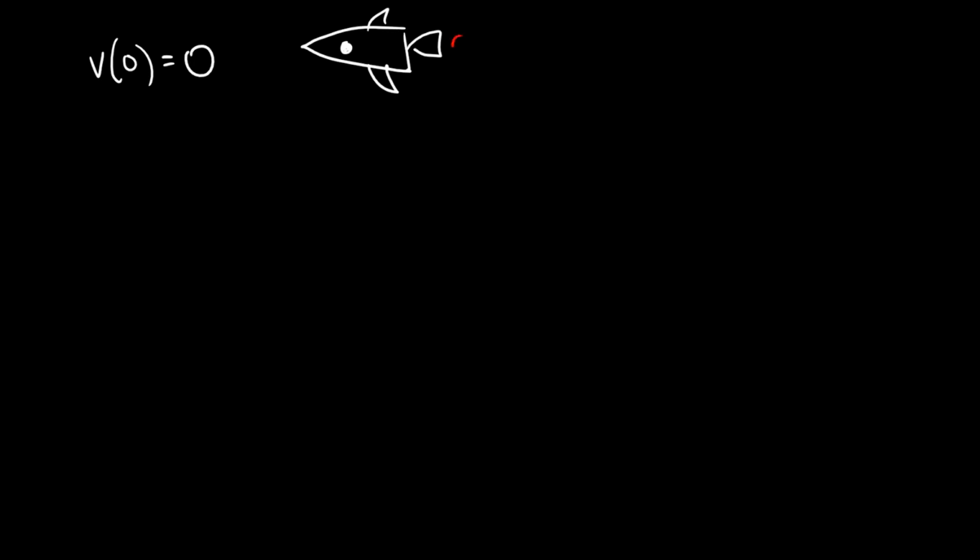But then we're going to have it turn on some thrusters. And these thrusters, what they do is they're going to throw mass out. So I'll call this mass exhaust. The thrusters are going to throw mass out at some exhaust velocity, call it VE, and at some rate r.